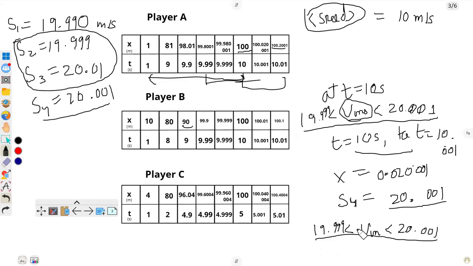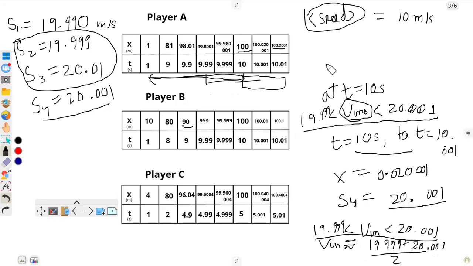Maybe we can find the average of all of these speeds. Right. So yes, since we don't have enough data, well, we actually have enough data, but this is the only data we are given. So I think we should conclude, for the purpose of judging the race, that V instantaneous is nearly equal to 19.999 plus 20.001, I'll take the average, divided by 2.